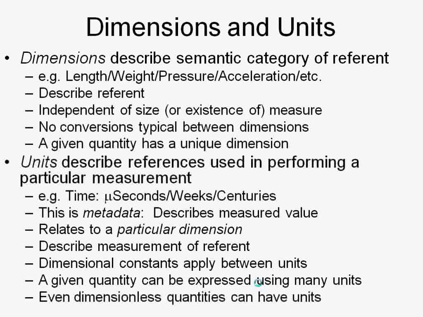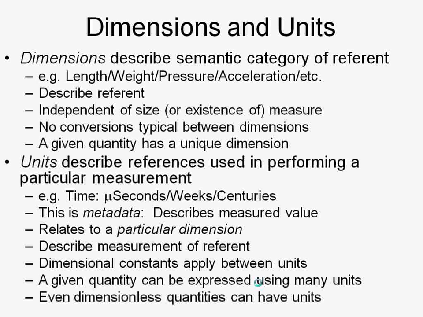Units describe the yardsticks, the references used in performing a measurement. We can measure things in microseconds, we can measure them in weeks or centuries, units of time. A quantity can be expressed in many units. We can express it as microseconds or seconds. Same quantity.